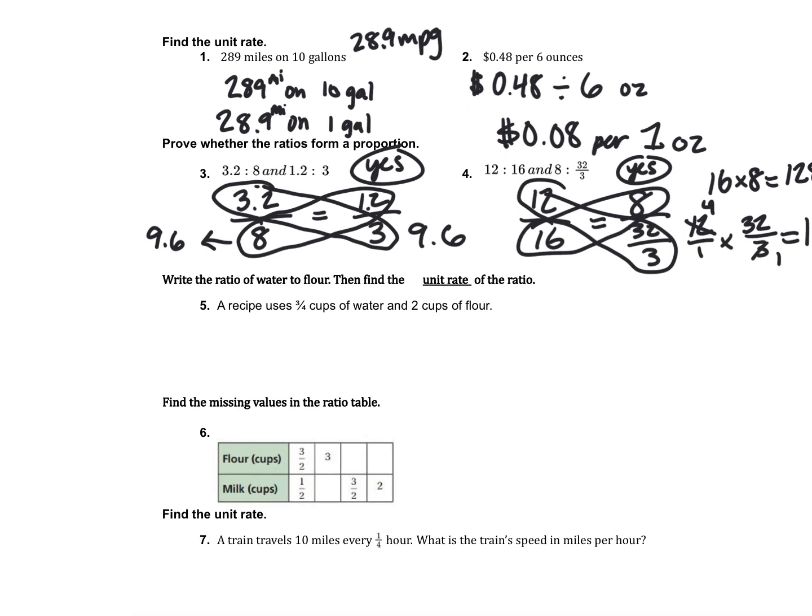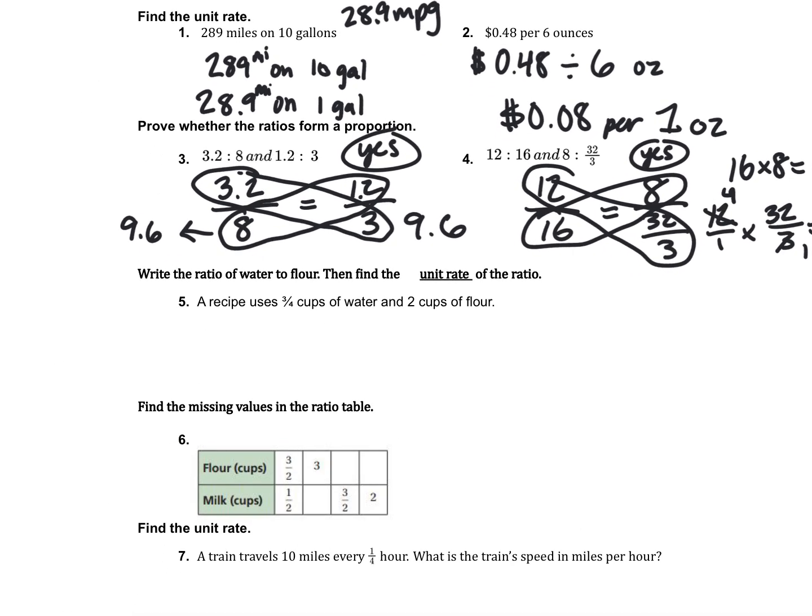Number 5 says, write the ratio of water to flour, then find the unit rate of the ratio. To write a ratio, I'm just going to take my cups of water with a label, put my dot in the middle, and we've got 2 cups of flour. There's my ratio. To find our unit rate, in order to go from 2 to 1, I have to divide by 2.